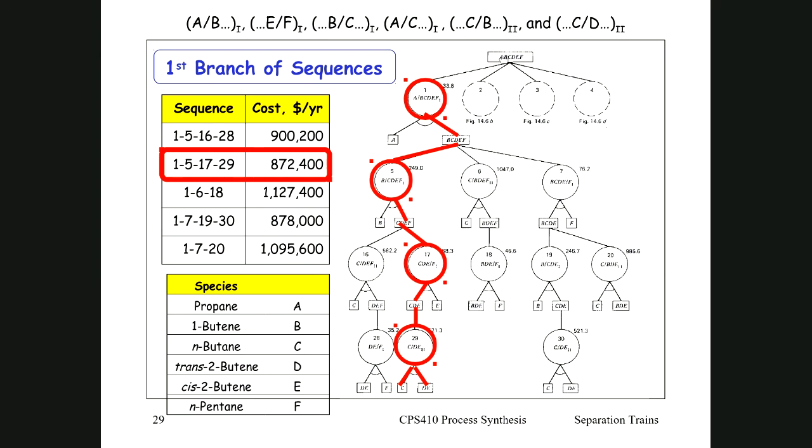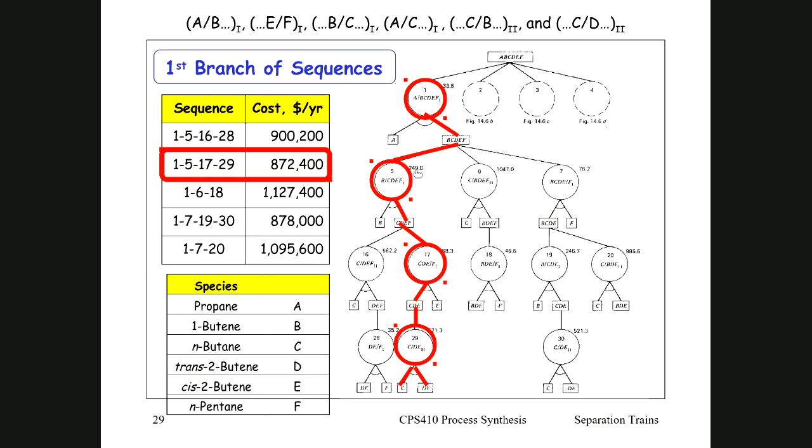You can do your separation anywhere along those. Once you've separated A, the next thing will be a BCDEF separation, and you'd know the flow rates of B, C, D, E, and F here, and you could do that calculation.